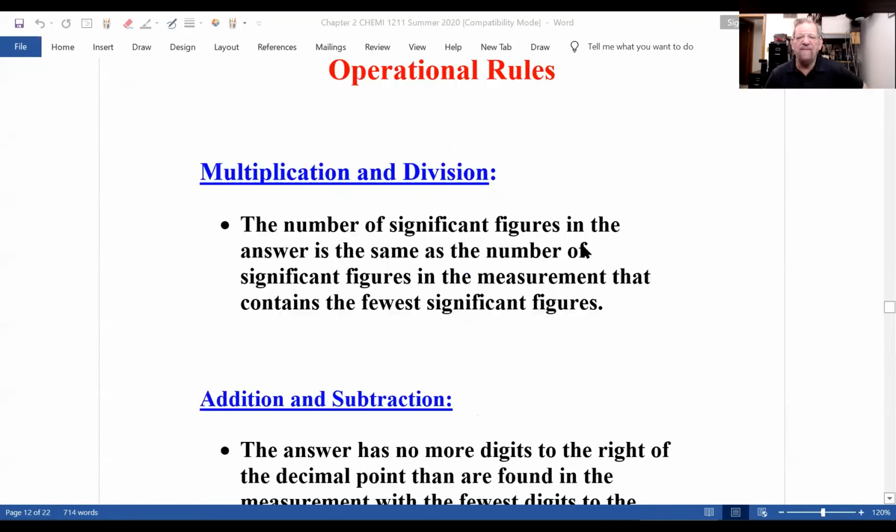Now, when you do a multiplication or division with significant figures, the number of significant figures in the answer is the same as the significant figures in the measurement that contains the fewest significant figures.